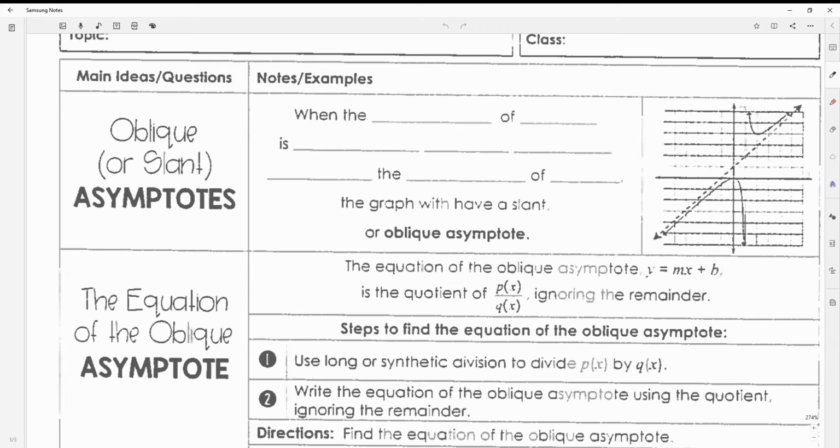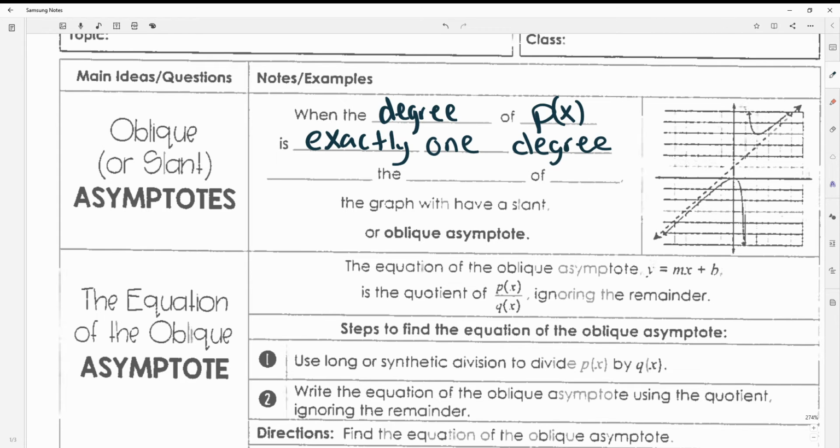It says when the degree of P(x), remember P(x) is your numerator, is exactly 1 more than the degree of Q(x), we have a slant or oblique asymptote. Sorry, I'm not speaking as I'm writing.